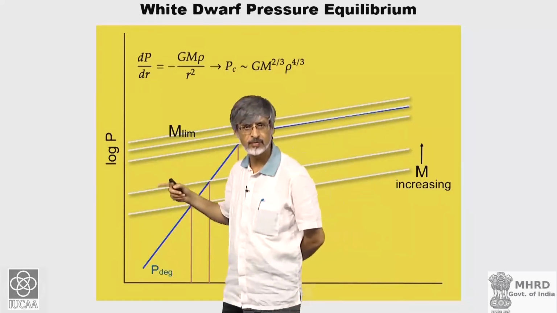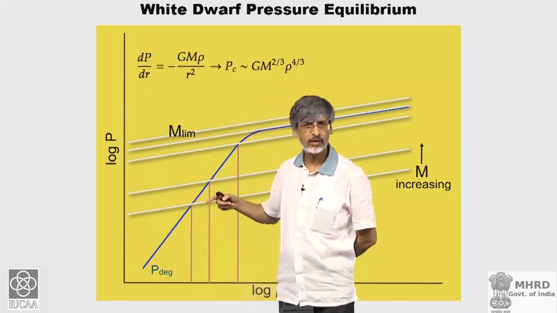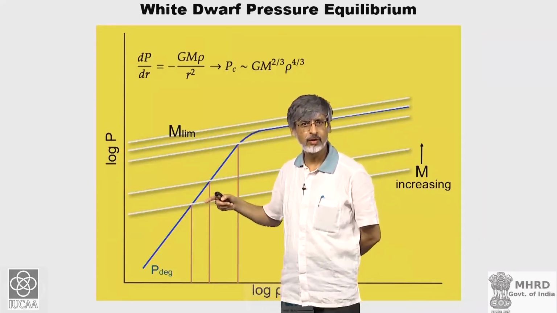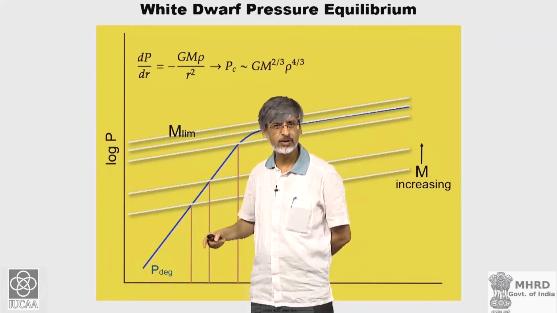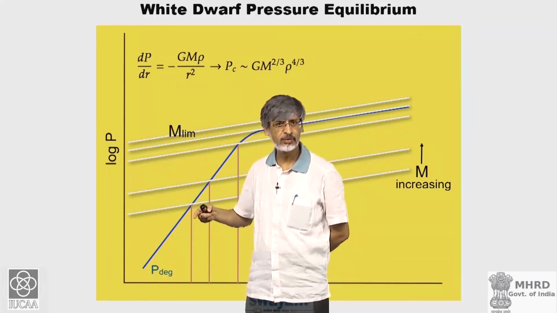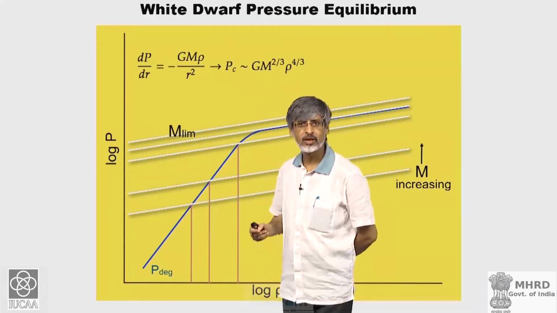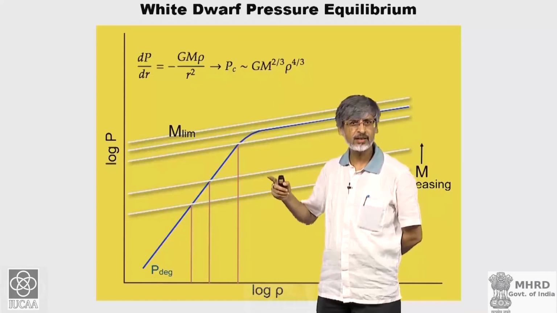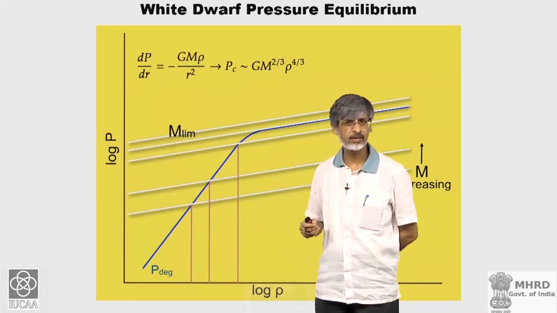So, you have this mass where this equilibrium condition intersects the degeneracy pressure line over here, and you have a white dwarf solution for which the central density will be given by this value. If you have a higher mass, then the intersection point moves here, you have higher central density and so on.